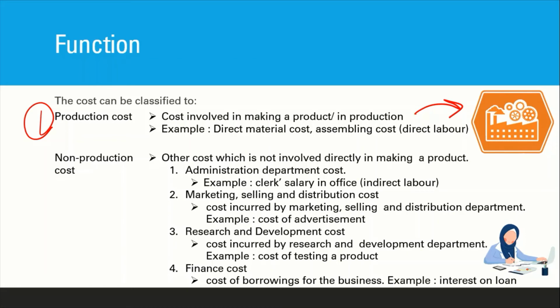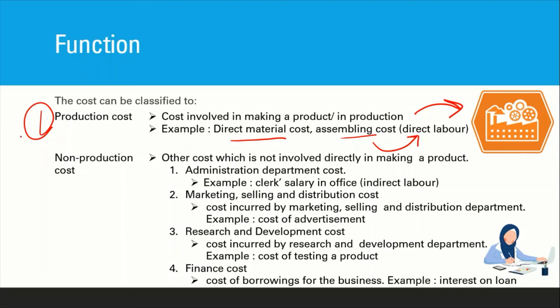Because it's production, it doesn't involve anything else. So we'll have direct material, assembly cost. Assembly cost is also non-direct labor. Anything that is involved in the factory, in the making of the product, is under production cost.